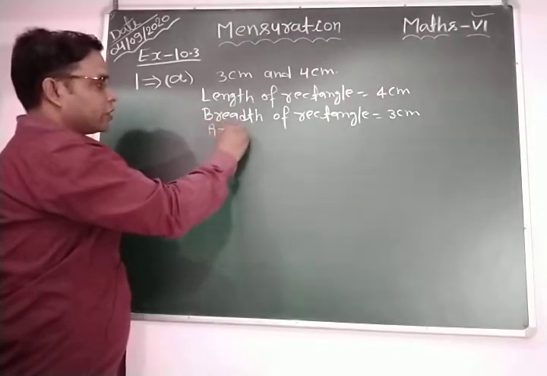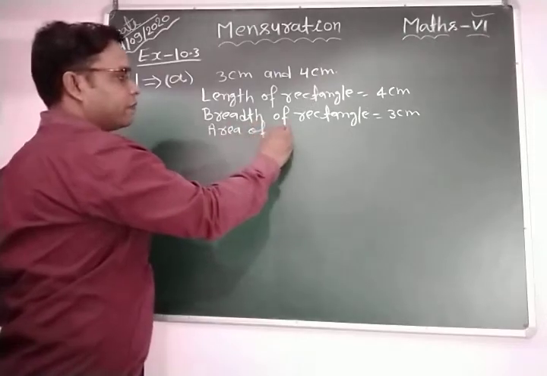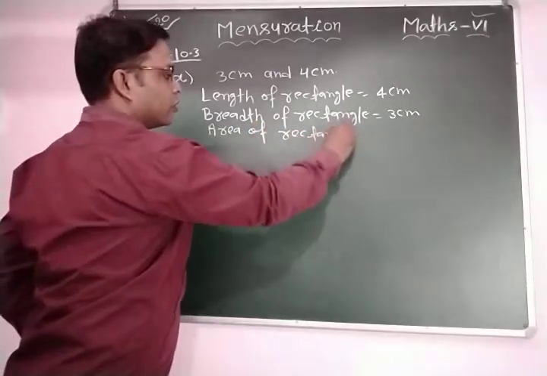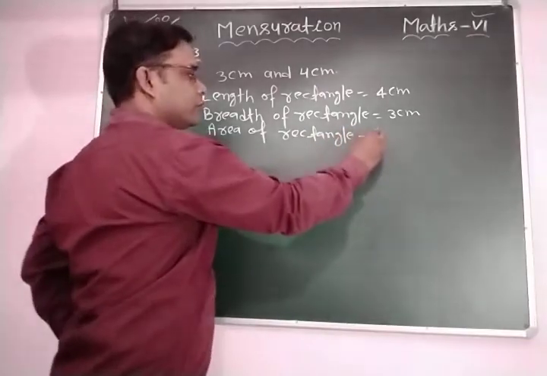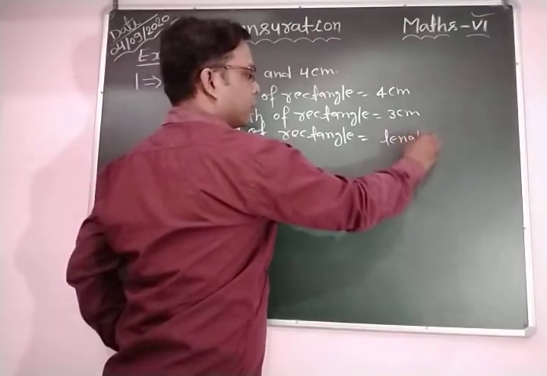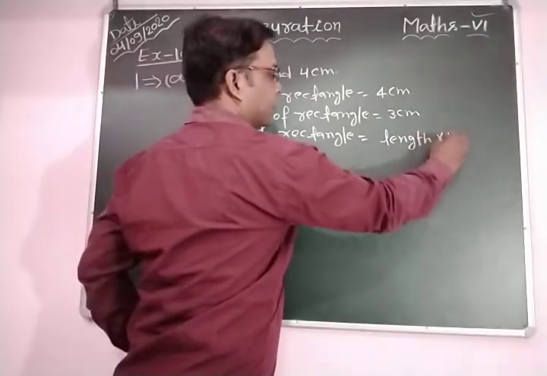So area of a rectangle is equal to length into breadth.